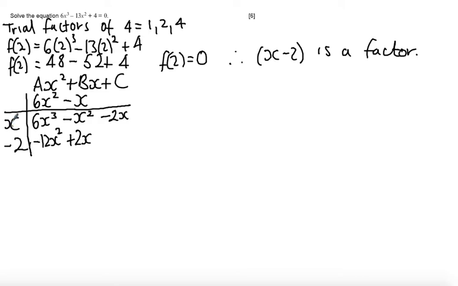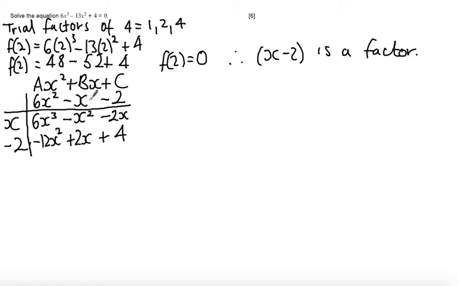What do I need to multiply x by to get minus 2x? The answer is minus 2. Just checking this final position, my two constants multiplied together give me plus 4, and that matches what I have in my cubic, and it does. So I now know that I've factorized this correctly.